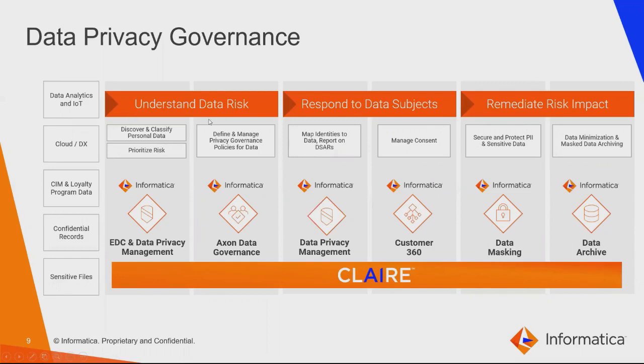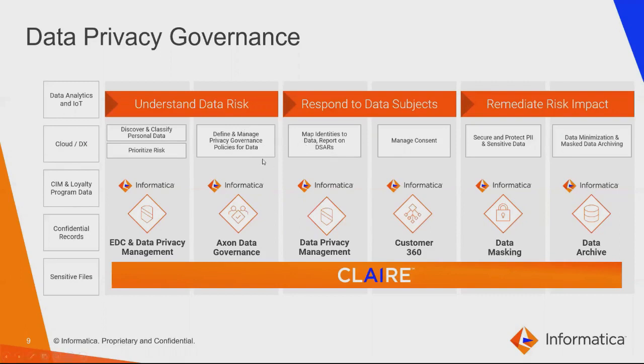First, understanding the data risk in any areas of the data coming from the respective source system, to discover and classify personal data and prioritize risk. This can be done through Enterprise Data Catalog and Data Privacy Management solutions from Informatica, whereas defining privacy governance policies for data can be done in the Axon data governance product.